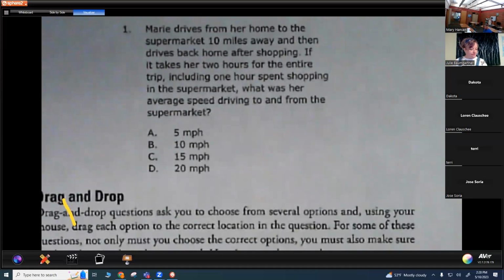For this problem, one of the things you'll need to recognize is that on your formula sheet, we have what's called the distance formula. So that's probably going to help you on this problem.